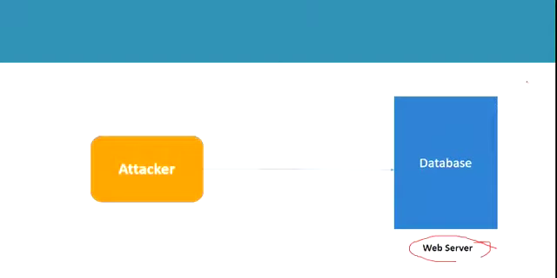So if I have a website, I have the front end but I don't have the backend, right? So if I want to communicate with the backend of the website, I need to send some SQL queries to the backend, and if I ask a question to the backend in the form of SQL queries, then it will give me an answer, right? So that's what a database attack is.